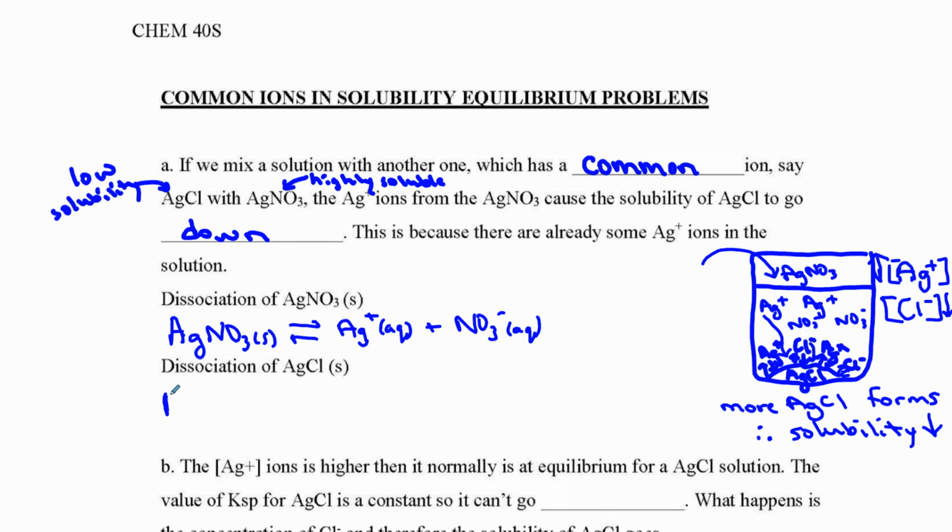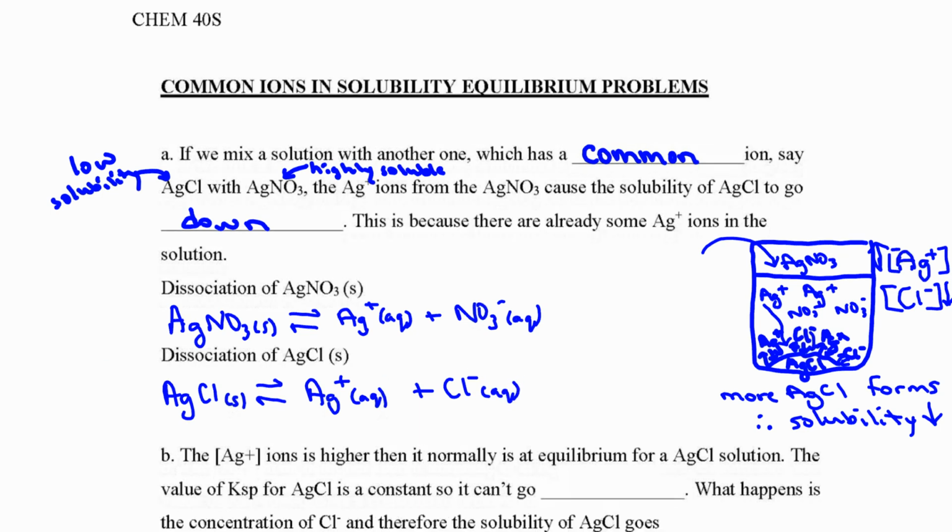And the silver chloride would do the same thing, break apart, into silver plus and chloride, which is negative, and that's what it looks like.